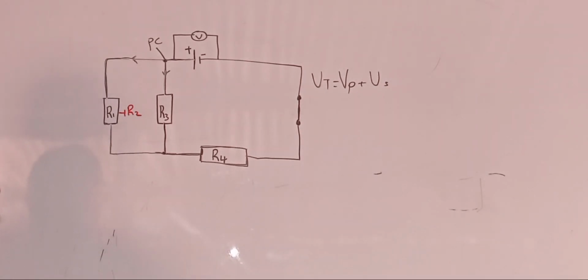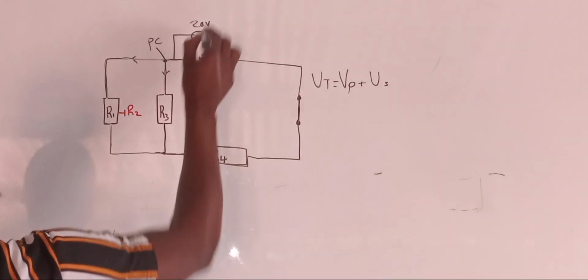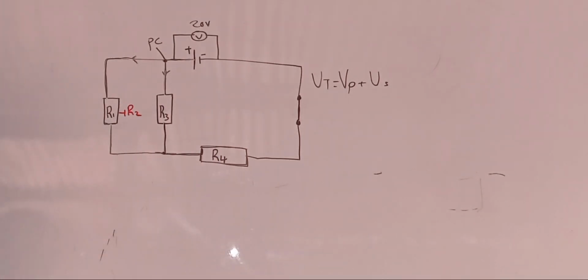I don't know if you understand it, because if we have 20 volts here, that 20 volts is not going to be distributed only to those resistors that are connected in parallel, but also to the resistor that is connected in series, meaning that it will split. I don't know if you guys understand that.